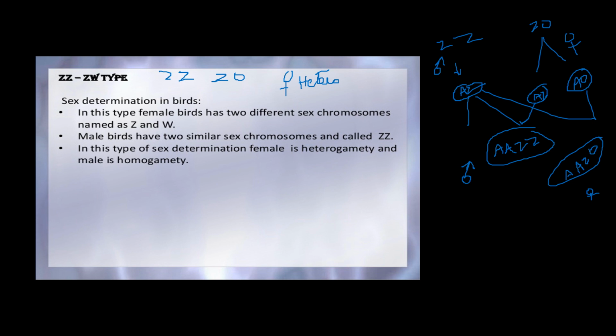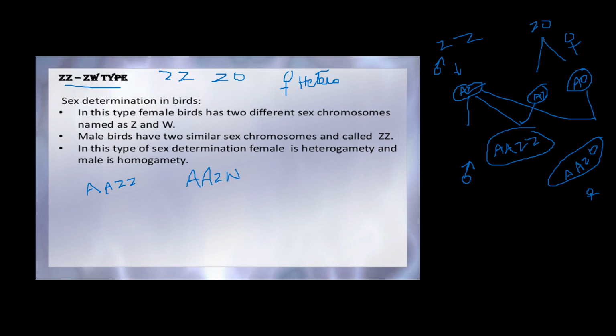And now coming to the other one, that is ZZ-ZW type. This can be seen in birds. Now if you take AAZZ as the male, because males are homogametic here, and females are heterogametic, AAZW.